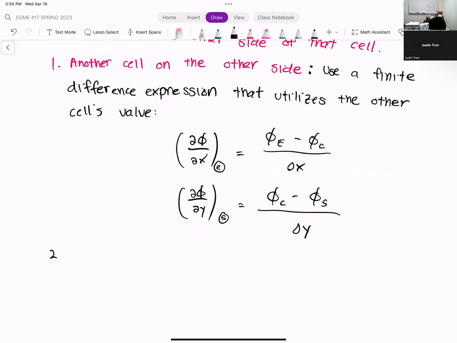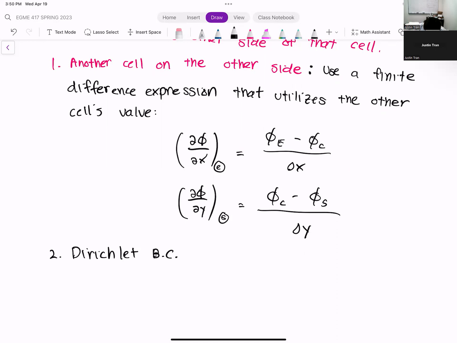Case two is if we have a Dirichlet boundary condition. Let's say this cell is on the edge of the domain, on a domain side that has a Dirichlet boundary condition.